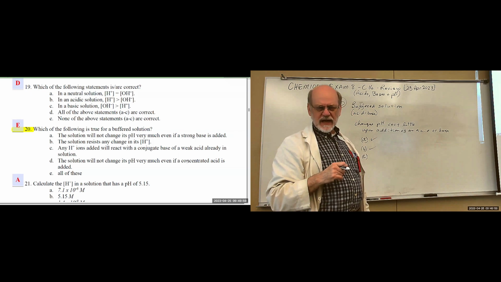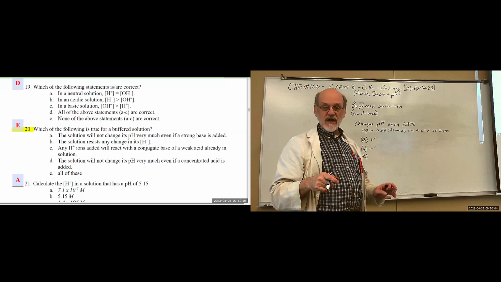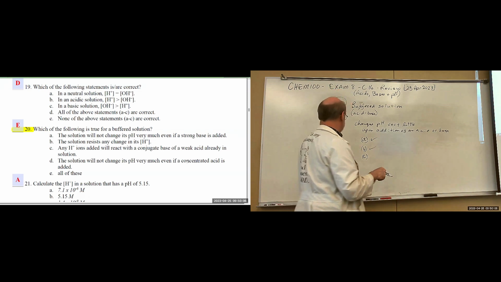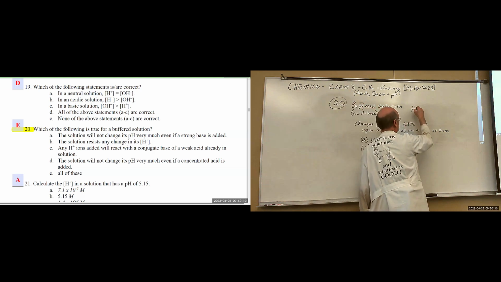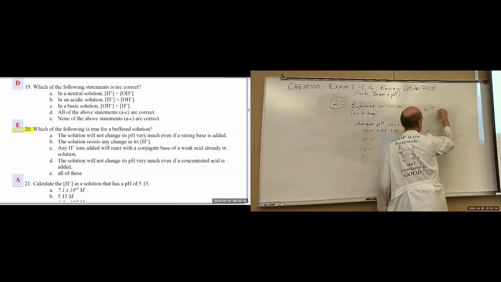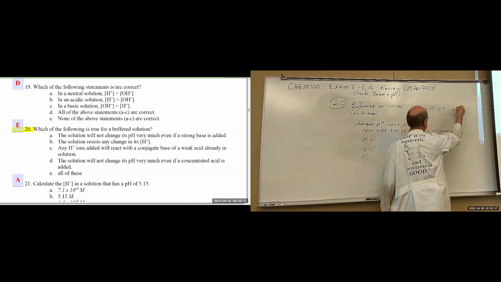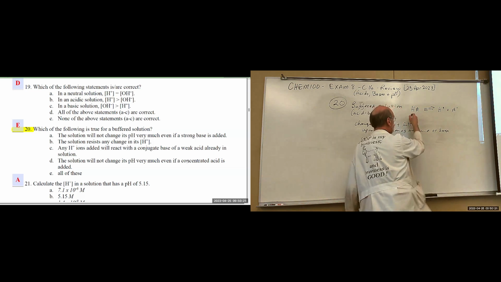C, any hydrogen ions added will react with a conjugate base of a weak acid already in solution. That is definitely true. If we have a weak acid and it dissociates into protons and what's left over, this is the weak acid.